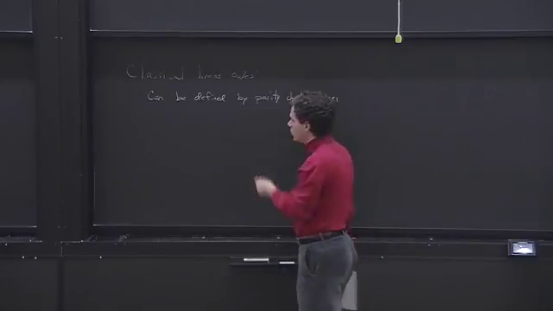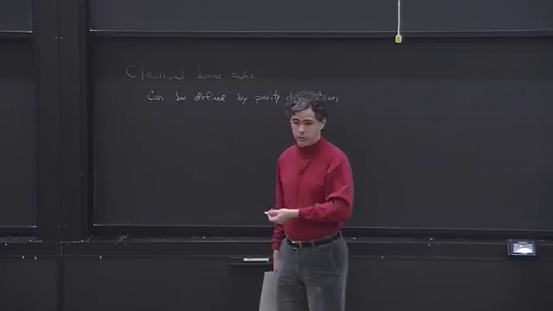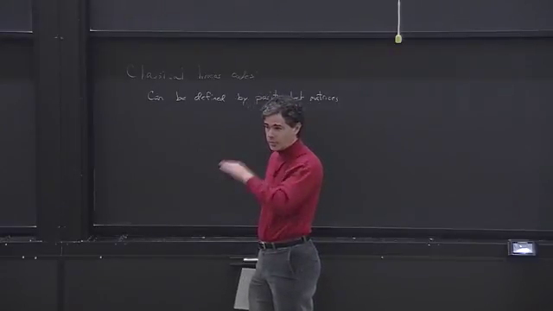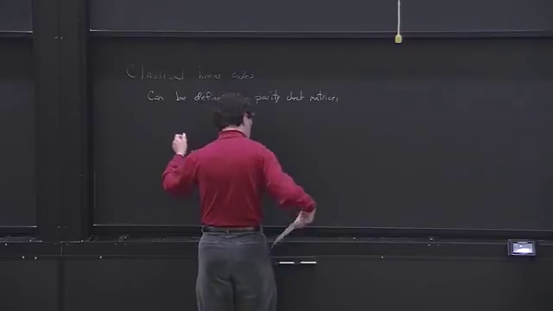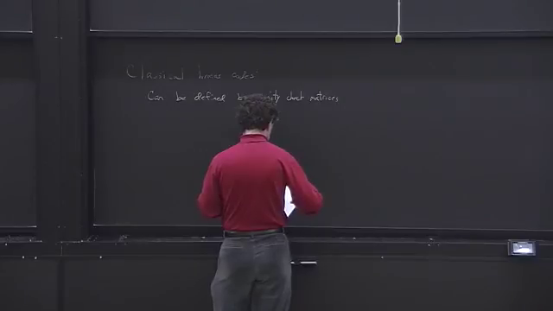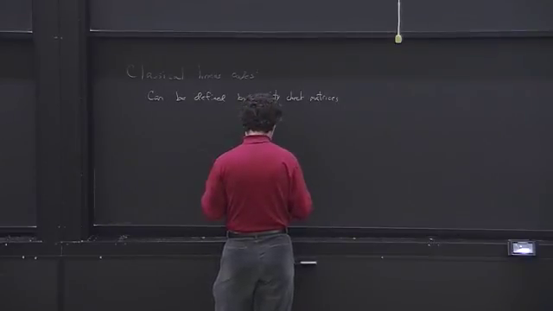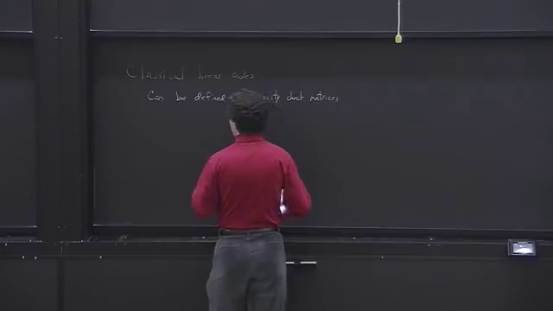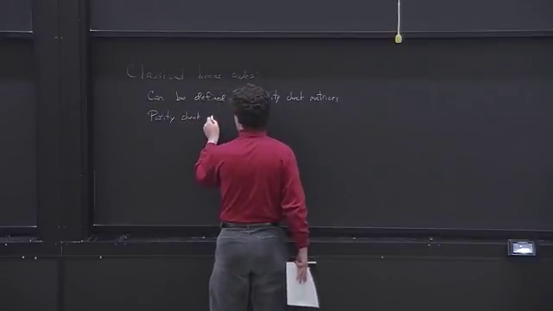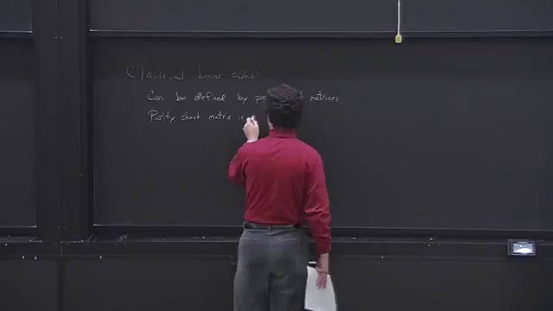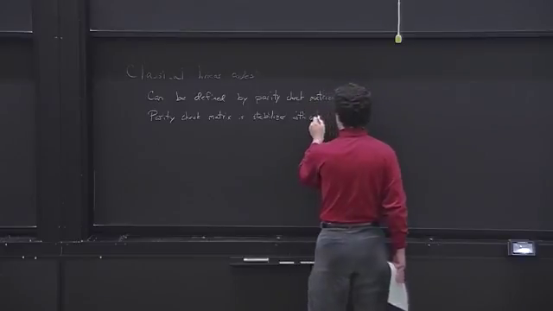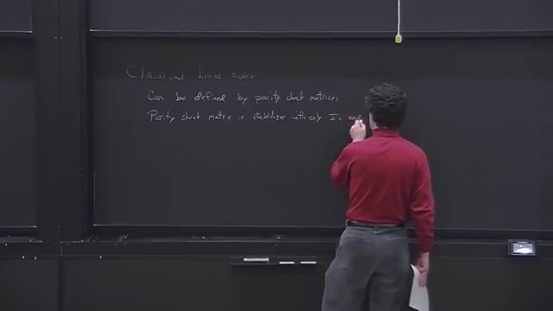And the classical linear codes really are a subset of stabilizer codes, because this parity check matrix is basically part of the stabilizer. So the parity check matrix you can think of as basically a stabilizer with only I's and Z's.